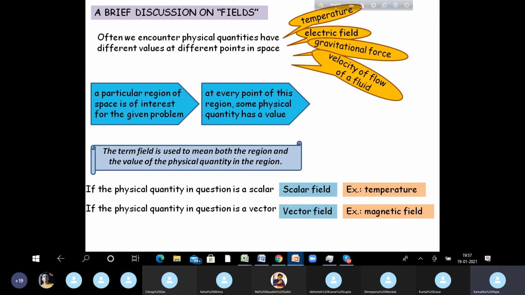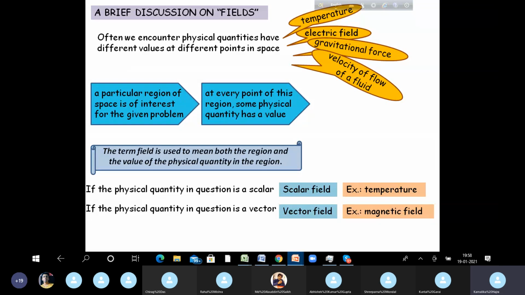Okay, so when we are talking about vectors that we will be differentiating, or taking the gradient, or the divergence or the curl, or when we have taken the gradient of a scalar, what we mean by the quantity are basically fields.